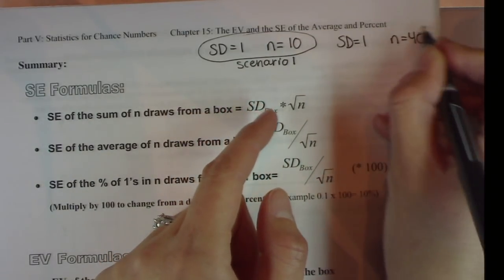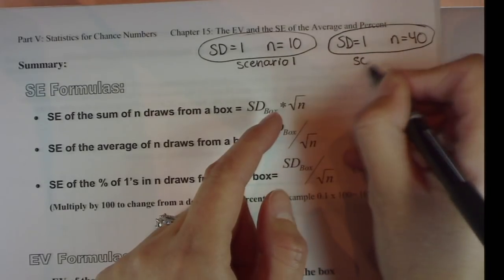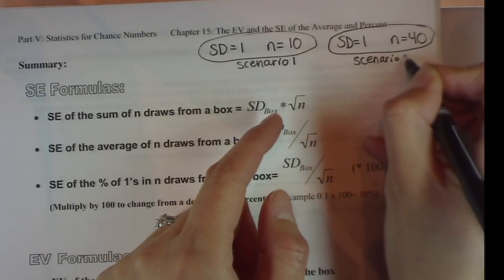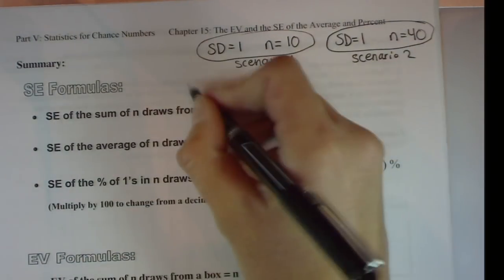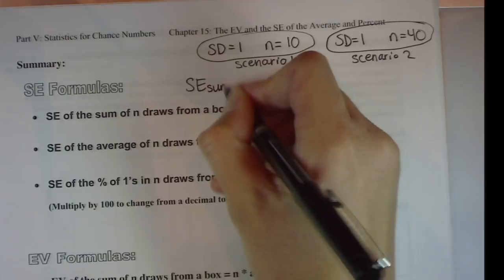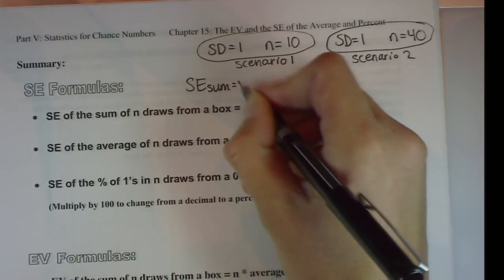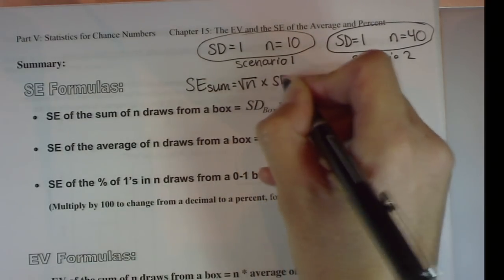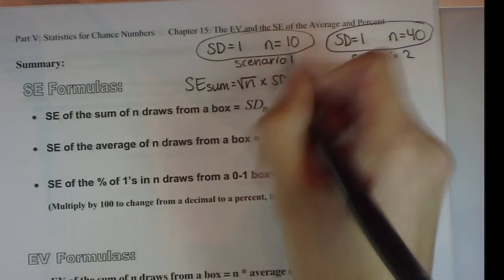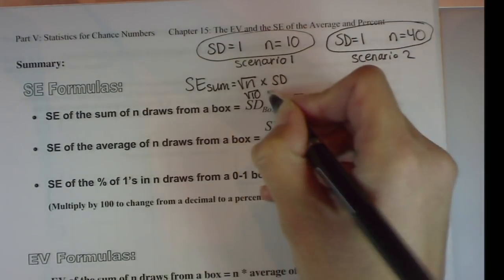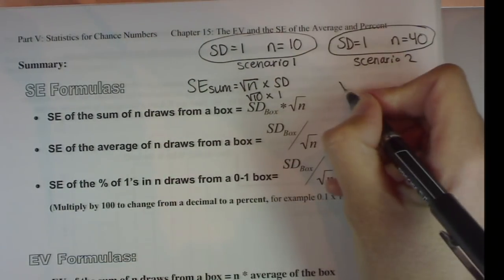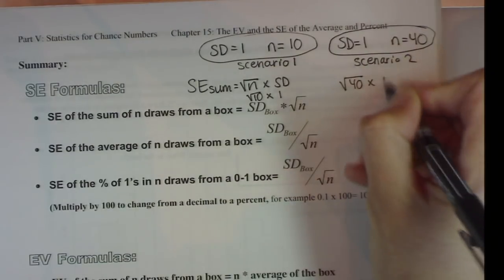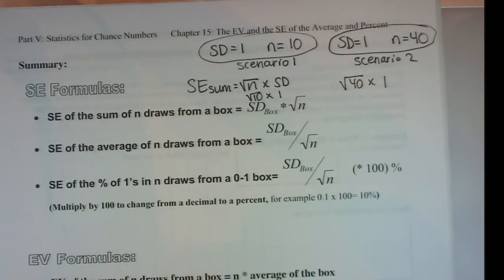So n would be 40, right? And then here's scenario 2. If I found the standard error for the sum, in scenario 1, it's the square root of n times the SD of the box. So I would do the square root of 10 times 1. And then in scenario 2, I would do the square root of 40 times 1.